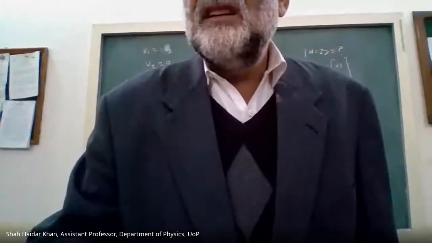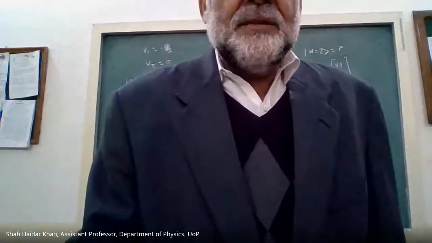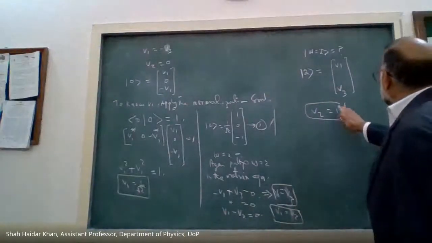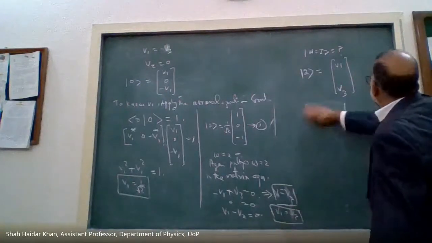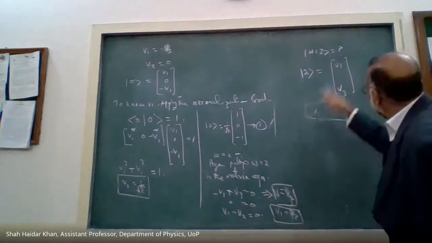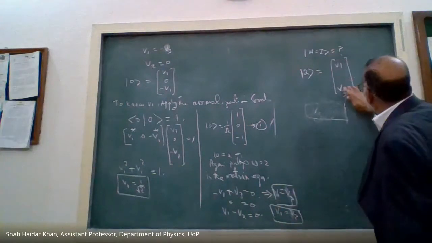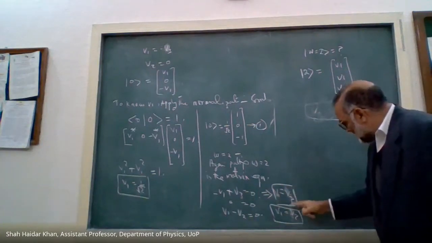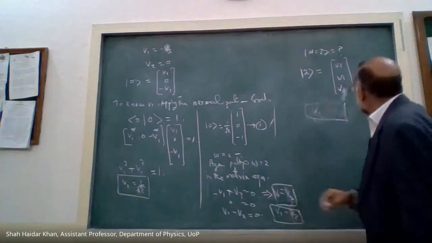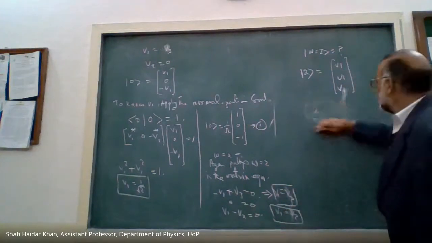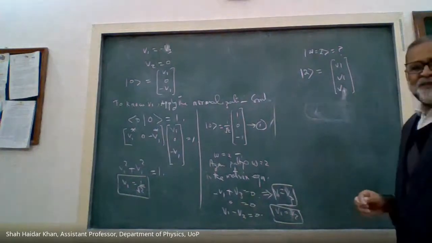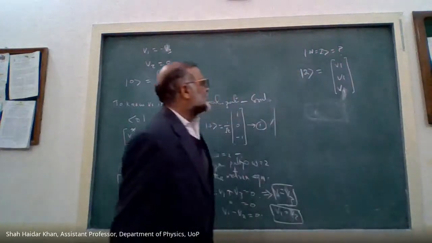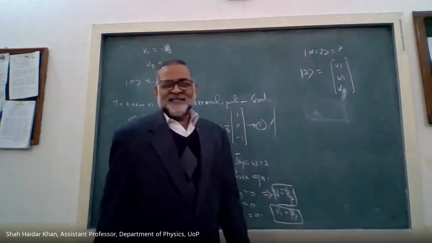Okay, so we have this V1 is equal to V3, and that is equal to V1, everything we have like that. Just the V1 will be equal, because this is equal to this. So we have this thing. Now let us normalize it and get something from here.